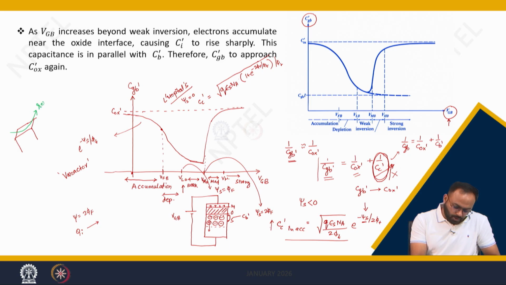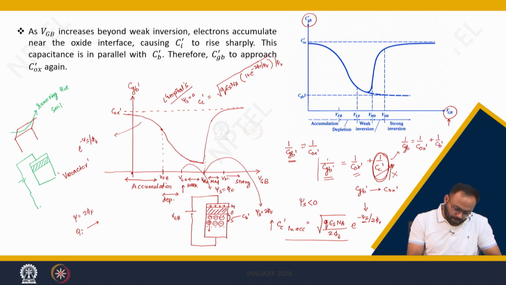So, removing the soil from the surface is similar to removing the holes from the surface. So, consider this piece of land equivalent to the MOS structure, and you are applying a force or work done to remove the soil. That is the same as increasing VGB.